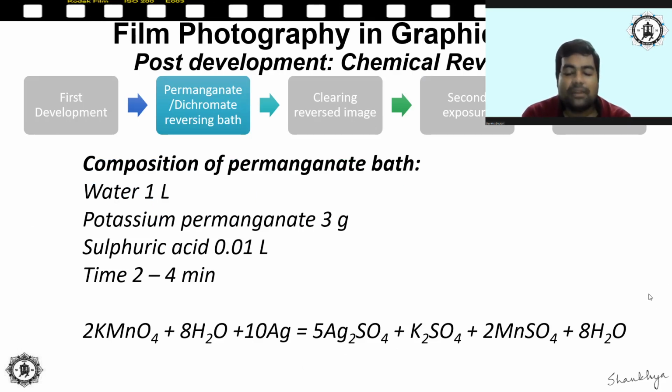Another thing that I would like to note is the nature and quality of the final image will be determined by the quantity and structure of the silver bromide left behind after the removal of the primary silver image during the bleaching stage. If the primary image was dense, as in an overexposed negative, then the exposure will have extended well into the emulsion and the image left behind after secondary development will be thin.